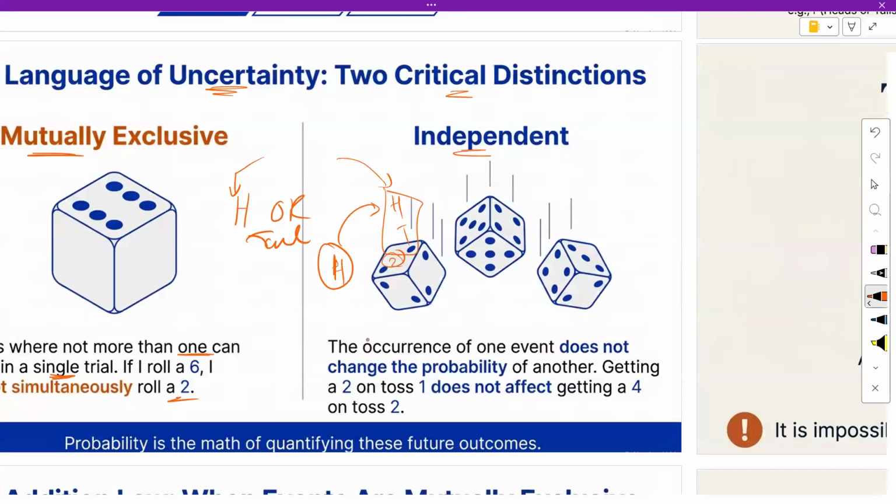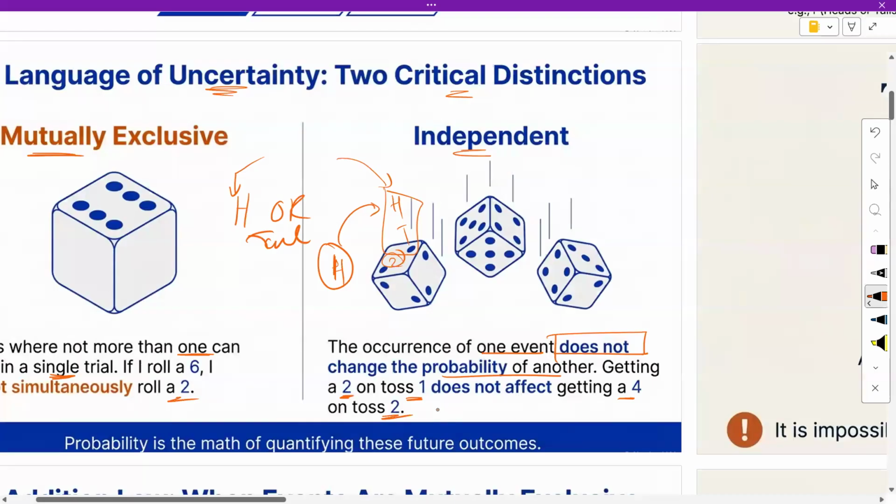And when you throw the same die for the third time, the outcome is independent from its previous outcome. Independence means the occurrence of one event does not change the probability of another. Getting 2 on toss 1 does not affect getting 4 on toss 2.